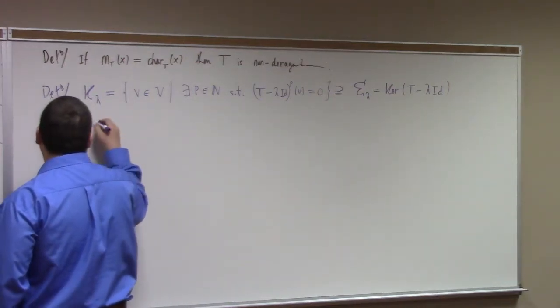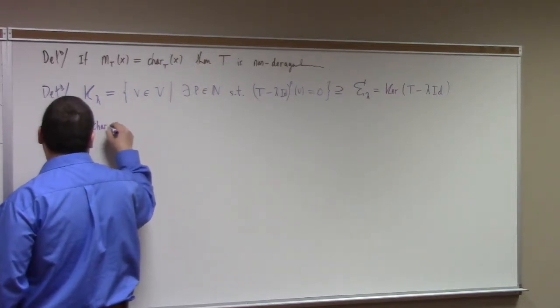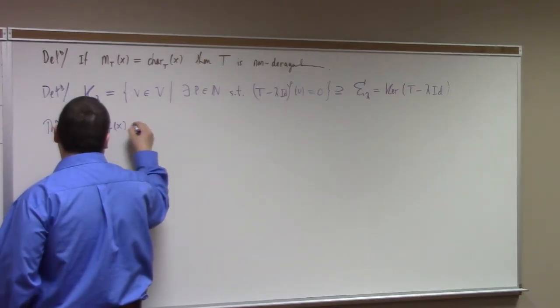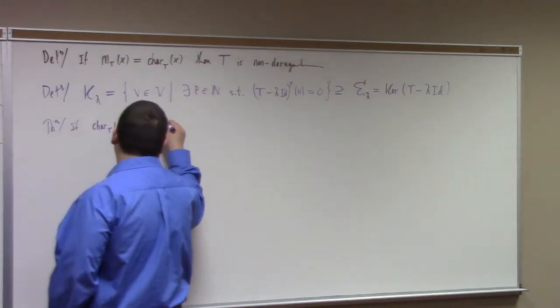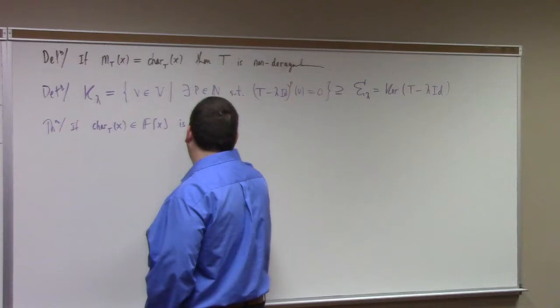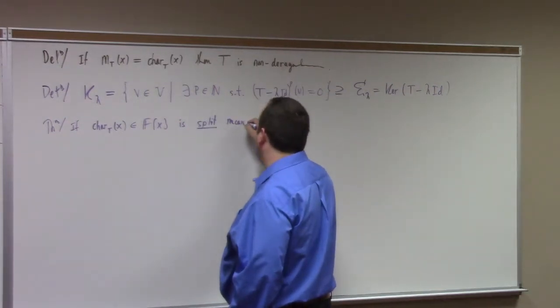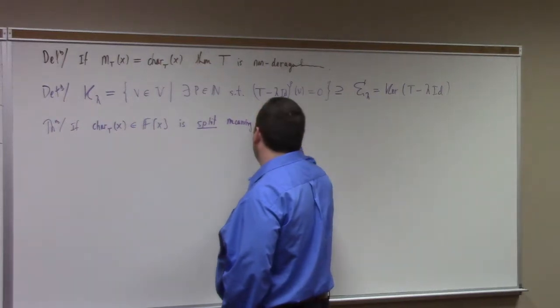If the characteristic polynomial of T, f(x), is split, meaning that we have what?